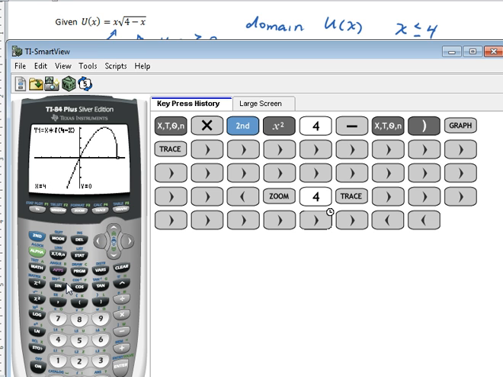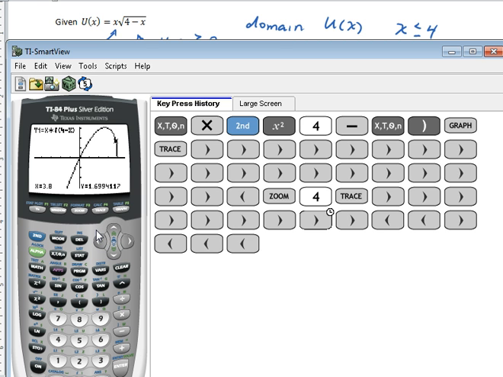At x equals 4 it is 0. At x equals 4.1 there is no y value because 4.1 is not in the domain. And so this is what our graph looks like.